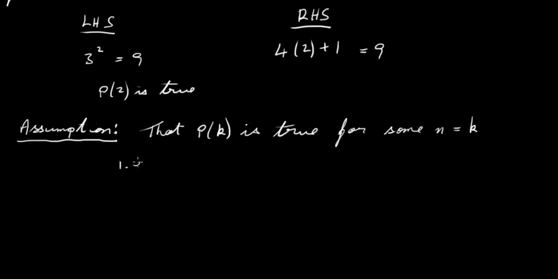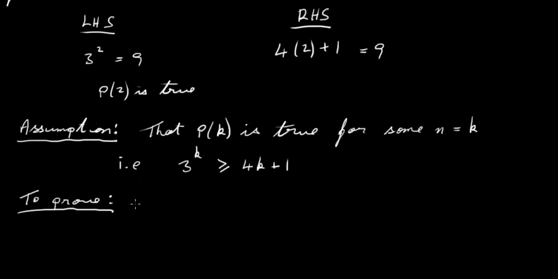So in other words, we're going to assume that 3 to the power of k is greater than or equal to 4k plus 1. And what we want to prove then from this is that if this is true, then the proposition will always be true for the next value after k, in other words k plus 1.